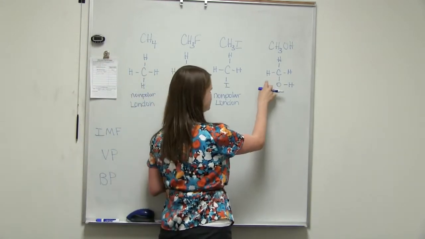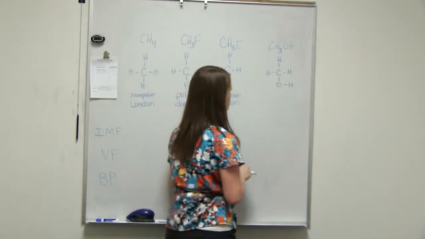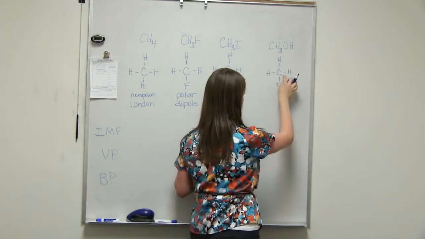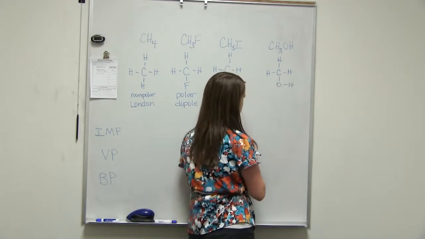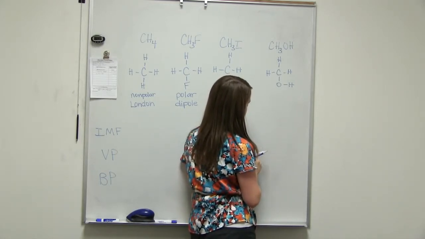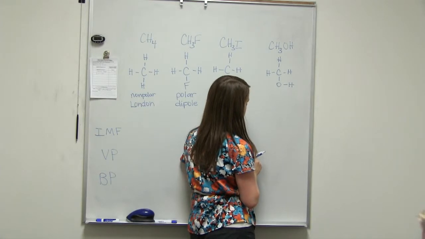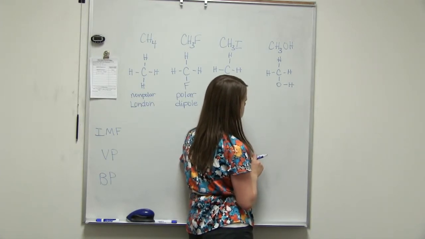Okay, this last one. It's not symmetric, right? Are there lone pairs on the central atom? No. Are there polar bonds? Let me check. CH is no. Do I have to check CO?